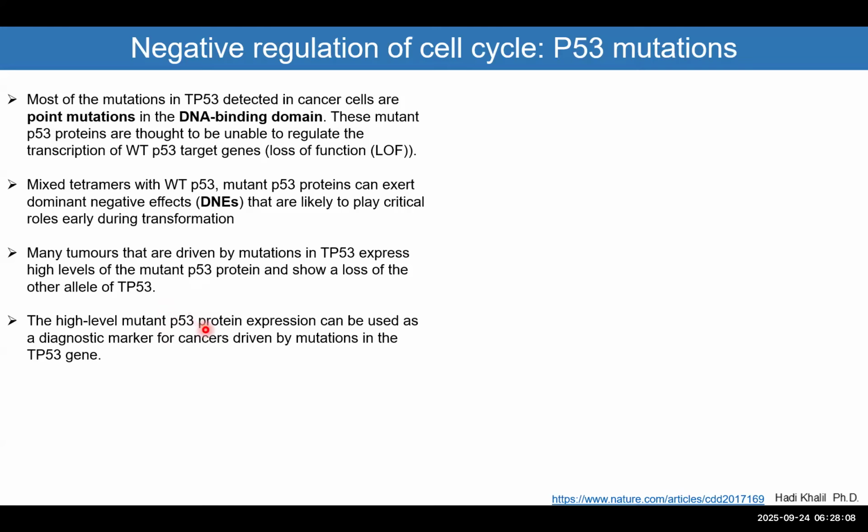The more that p53 is mutated, the better the correlation that could tell us that this person most probably will have, unfortunately, cancer. Okay, so I just hope this makes sense for you.